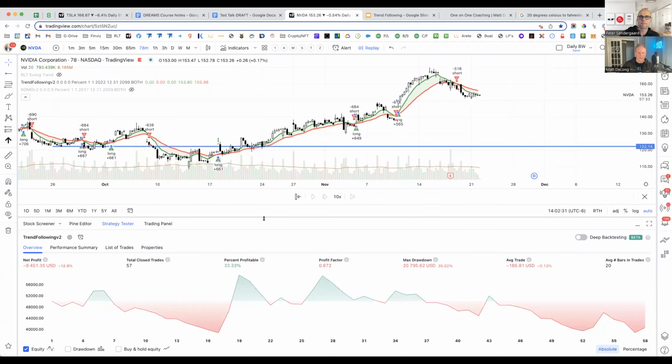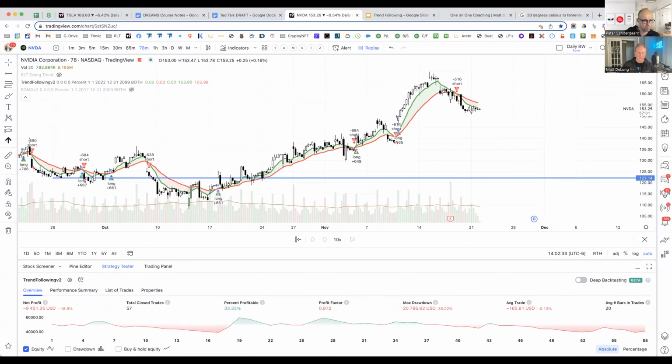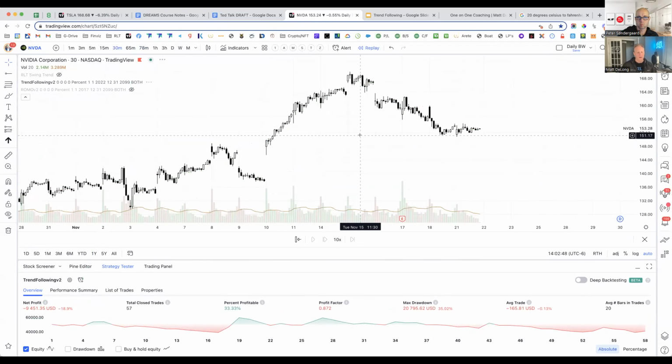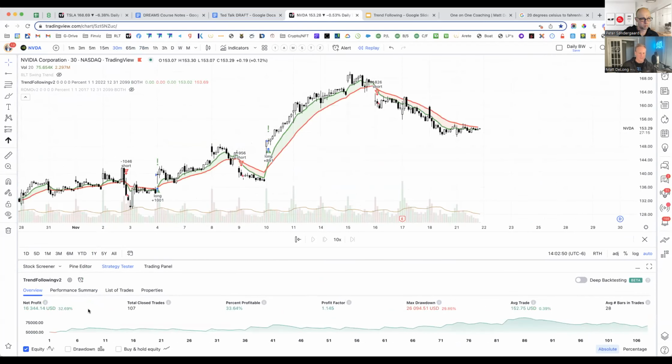So this is NVIDIA on a 78-minute chart, and this is a tool that I built. It isn't free. This shows you'd be down 19% on a 78-minute chart. So you're like, okay great, Matt, that's lovely. Then I ask, what would happen if I ran a 30-minute? Well, on the 30-minute I'd be up about 32-33%, and that does not count the current trade.